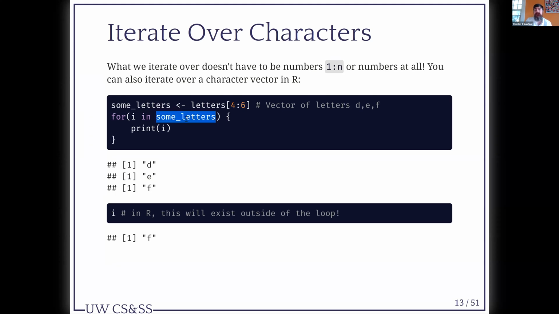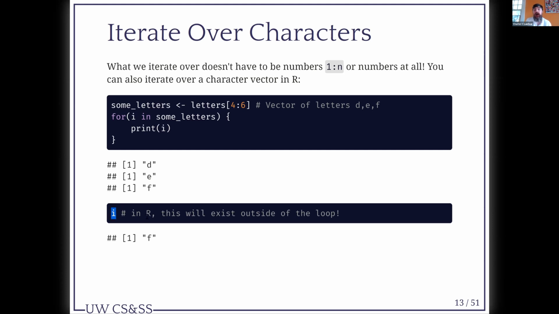So this here is a length 3 vector. If I say for i in this, it just runs through every element of this vector, and for each element does whatever is inside the loop, okay? So I can iterate over a character vector too. Something to note, after this loop is done running, whatever value i was assigned in the last iteration of the loop, it stays that way.